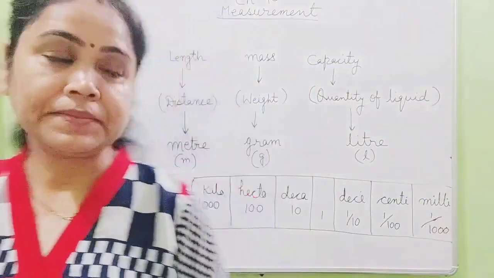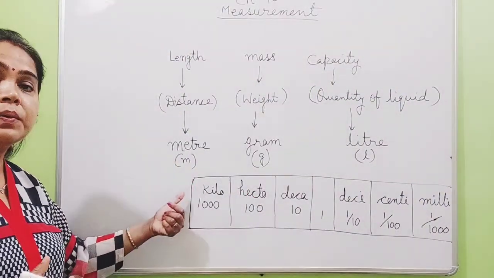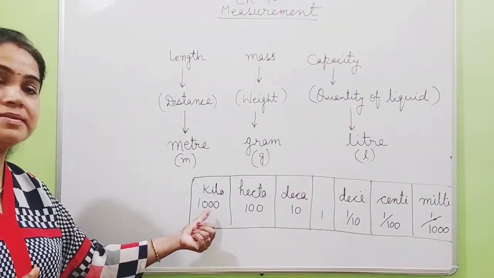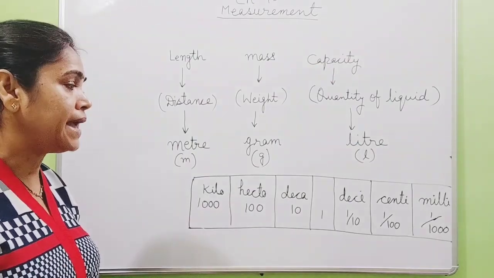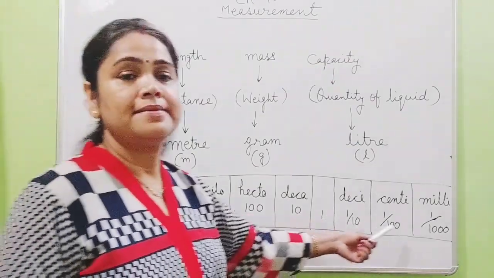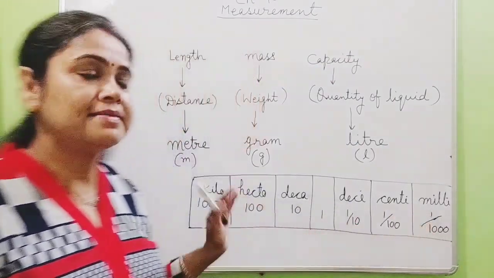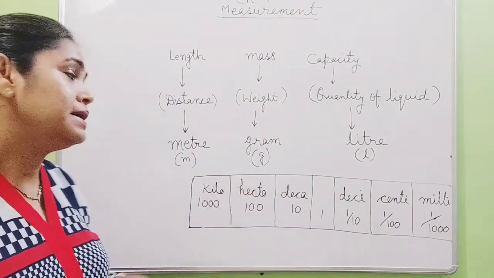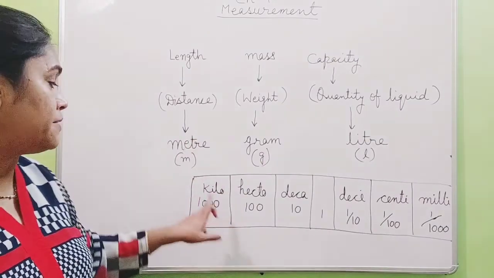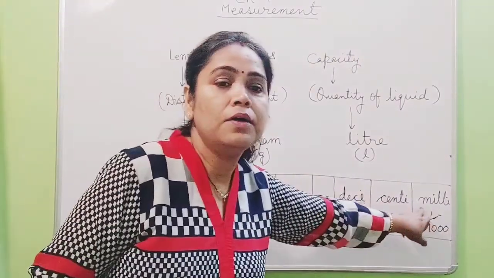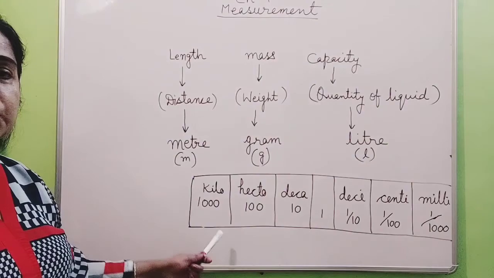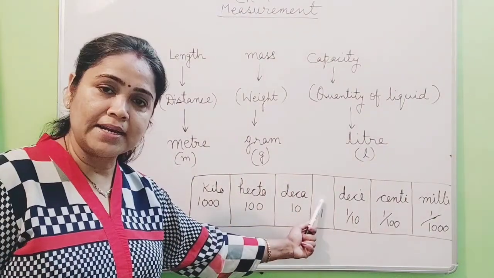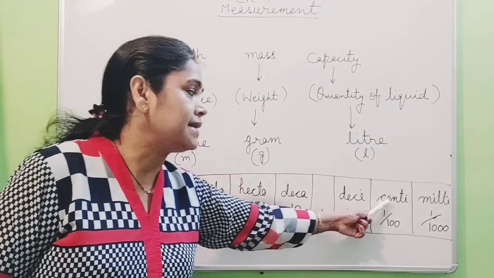So we use the prefixes kilo, hecto, deca, deci, centi and milli. These are the only prefixes you have to keep in your mind. You have to remember that from greater to lower we are moving using the units kilo, hecto, deca, then the standard unit, then deci, centi, milli.